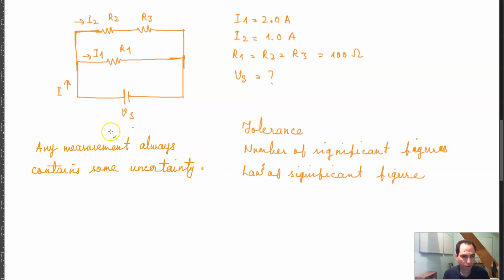Every measurement always contains some uncertainty, meaning that, depending on the measurement device that you have, for example, a meter which is 5 years old. You bought this multimeter 5 years ago, and you have been working with this meter.